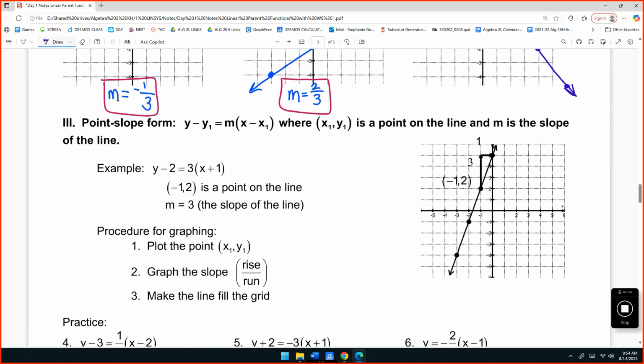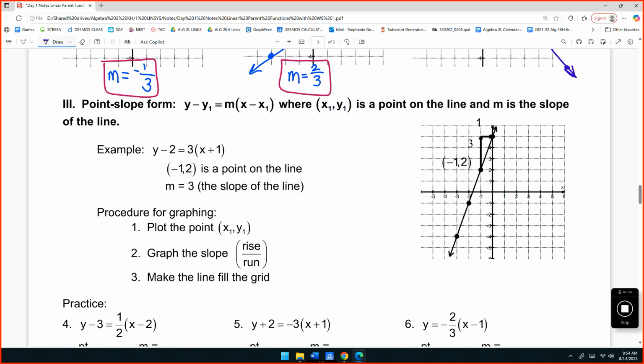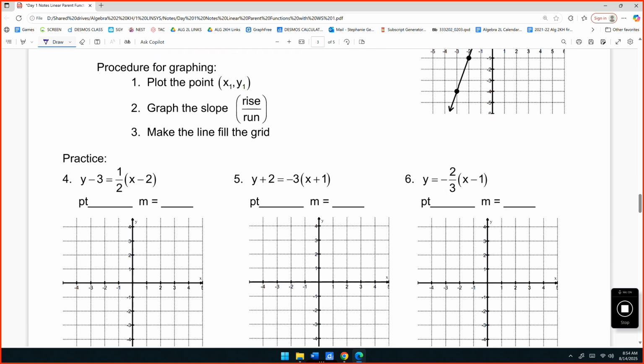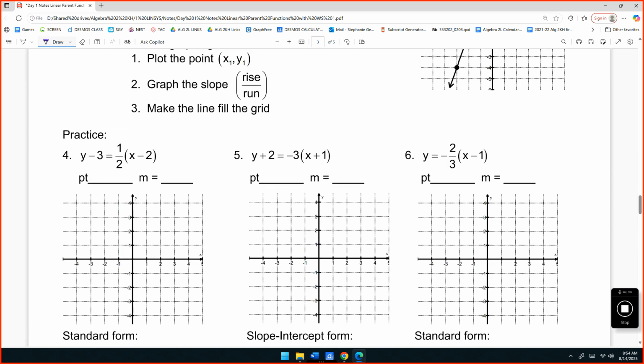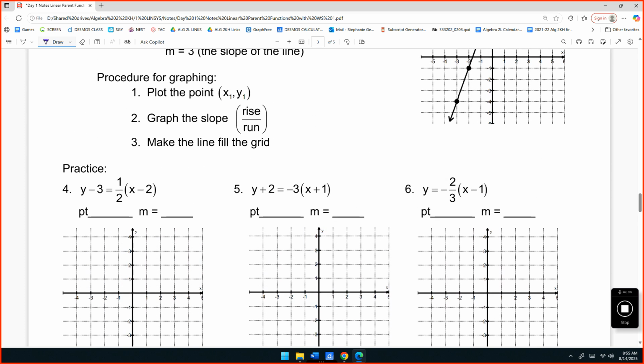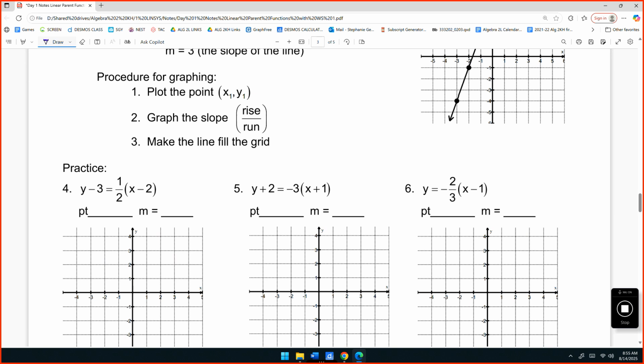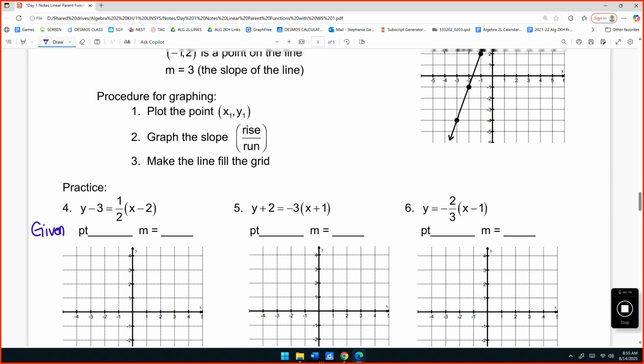Okay, let's revisit point slope form, okay? Point slope form went pretty well on the game there, but this is our point slope form. Biggest thing to remember with that is that you're given a point, and because of the minus signs in the equation, that point appears opposite, okay? So I'm just going to pick number 4 to do here. So PT, that means given. What's the given point? So we go, all right, well, how do I find that?